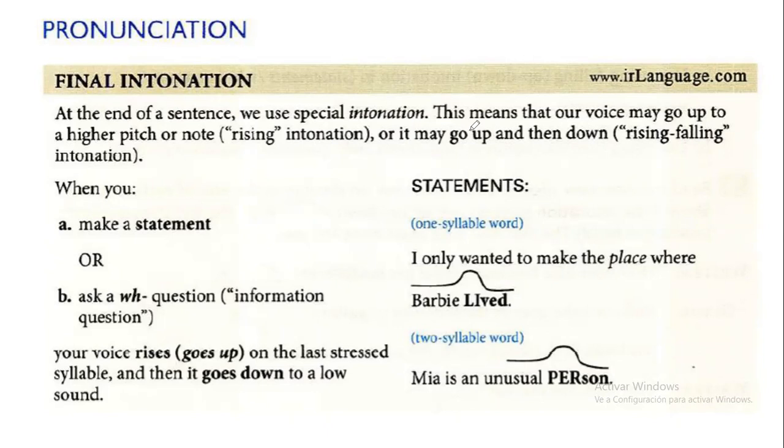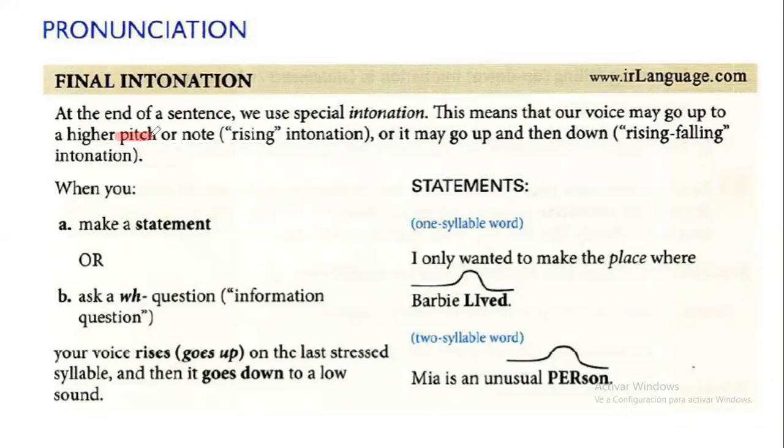Okay, so final intonation. At the end of a sentence, we use special intonation. Intonation relates to many aspects, but mostly it relates to volume and also to pitch. The word pitch is here.